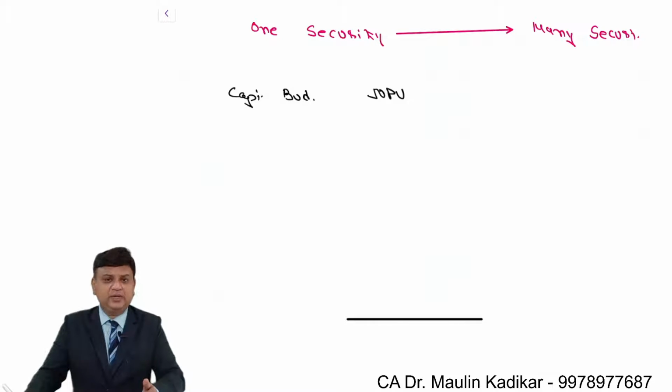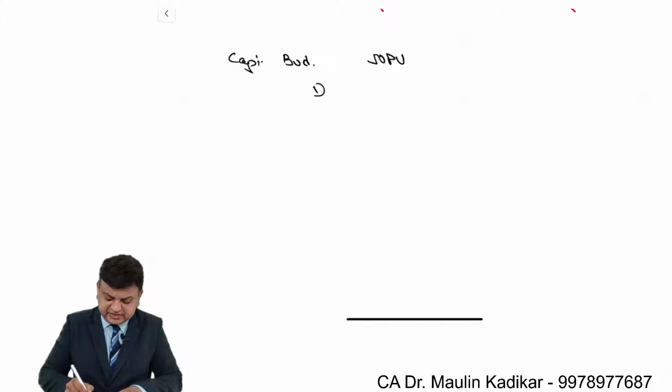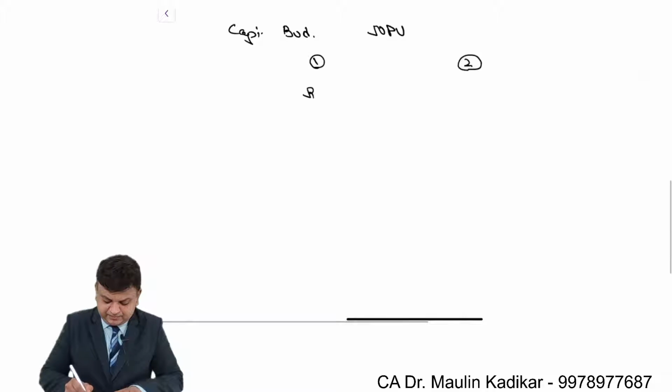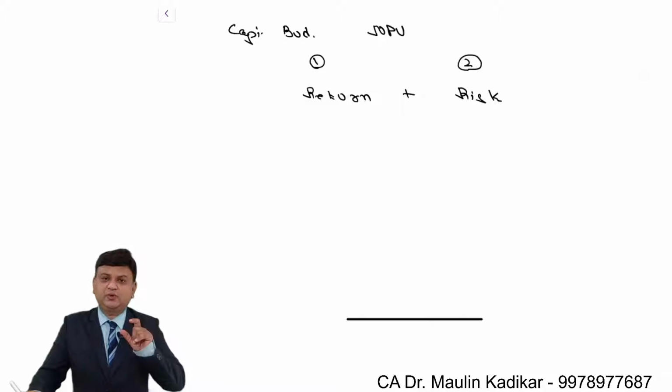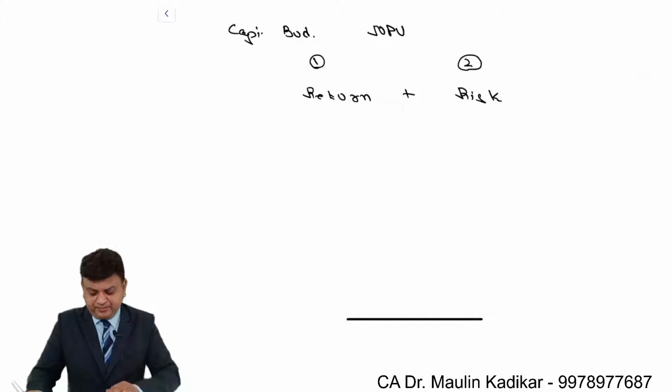But here, when it comes to making investment in a security, there are two important aspects that we have. One is the return, and importantly, there is a risk associated with the return. So we are supposed to consider also the risk, and based on that, we are supposed to make investment. This is what we are going to understand in this very important chapter.